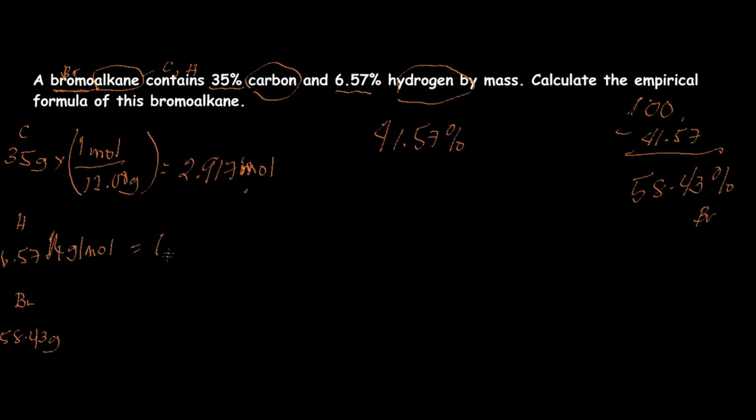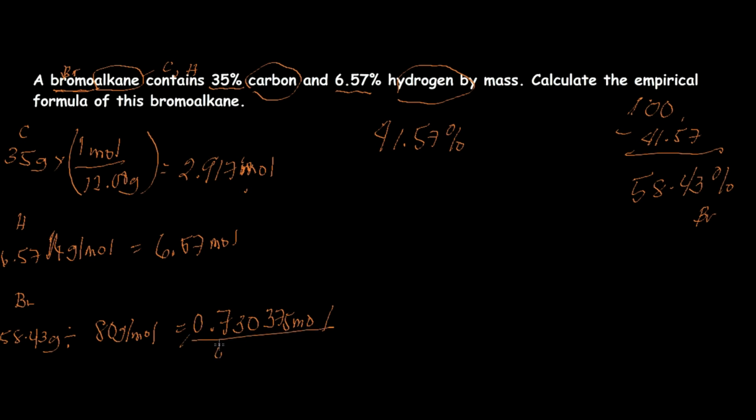We will have 6.57 moles. Then bromine, just divide this by 80 grams per mole. We will have 0.730375 moles.